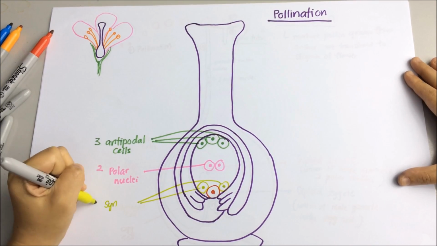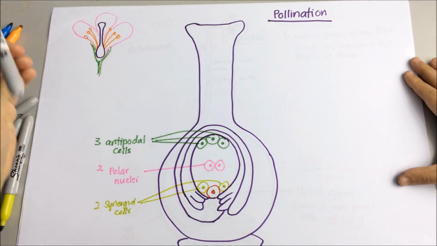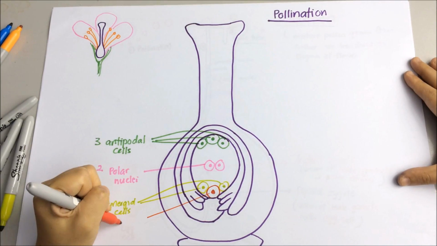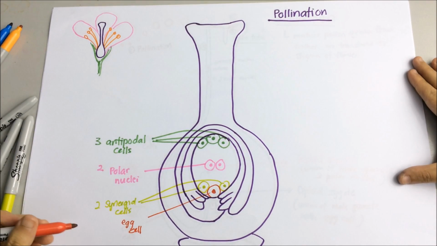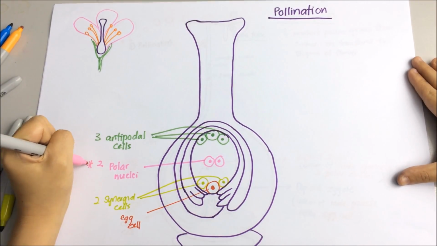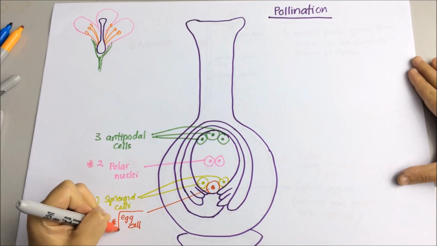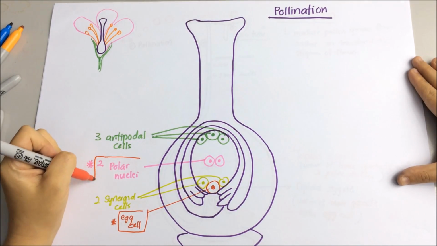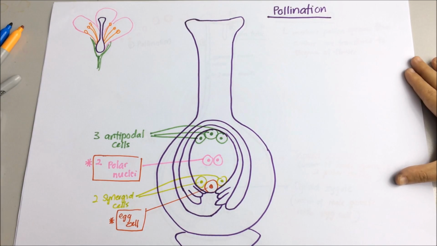At the opening of the embryo sac, there are 2 synergid cells and 1 egg cell. The nuclei that are important in fertilization are the 2 polar nuclei and the egg nucleus. We will talk about that later.